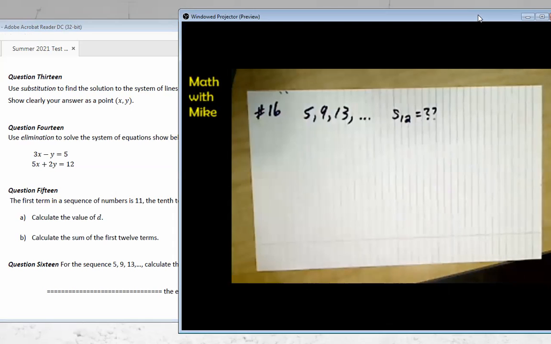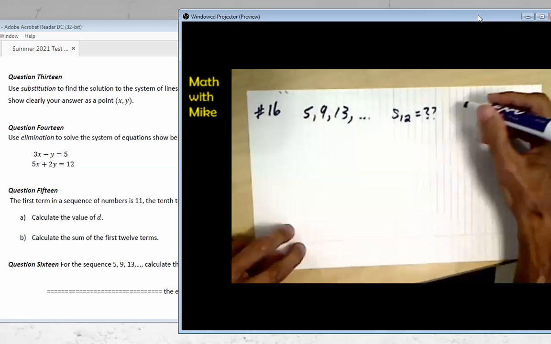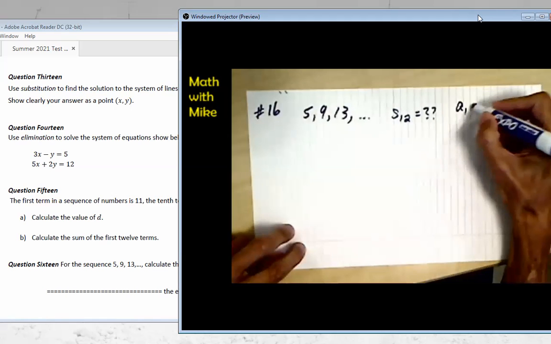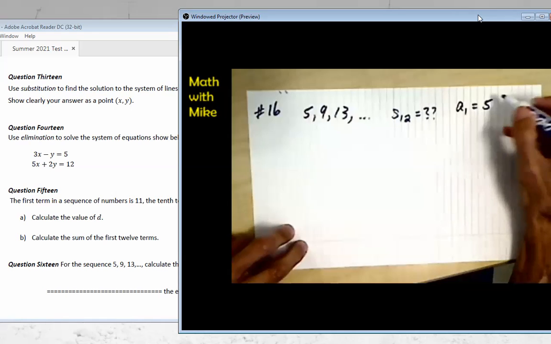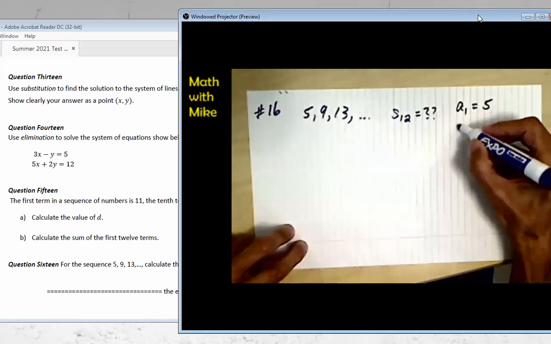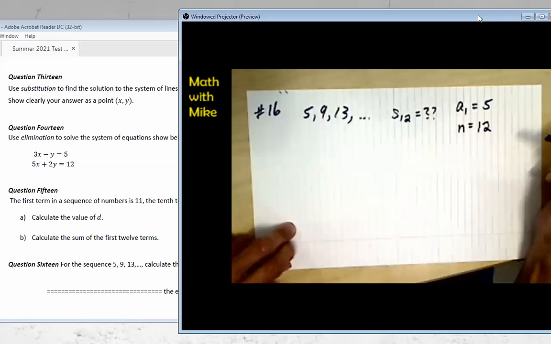Okay, so let's make a list of values that we have that will help. a1 is 5. n is equal to? We can find D for sure.